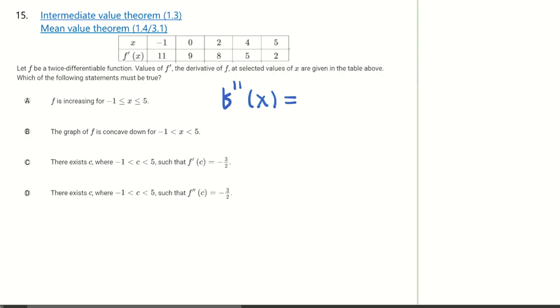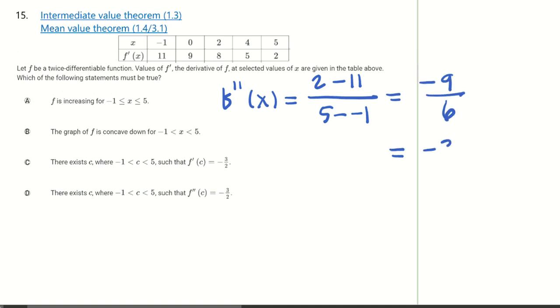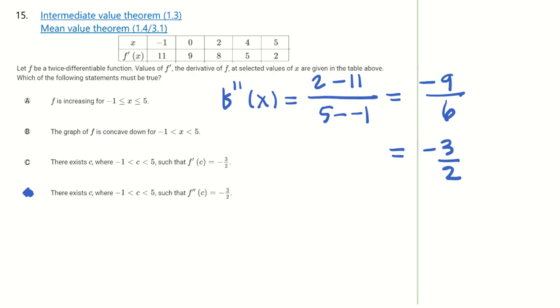So that would be f prime of 5 minus f prime of -1, divided by 5 minus -1. That's going to be -9/6, and that's -3/2. So that must be true, right? If f prime is differentiable, then there must be a place where the average rate of change is equal to the instantaneous rate of change. That's the mean value theorem.